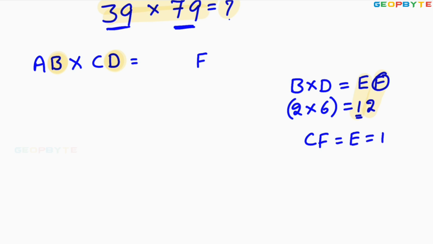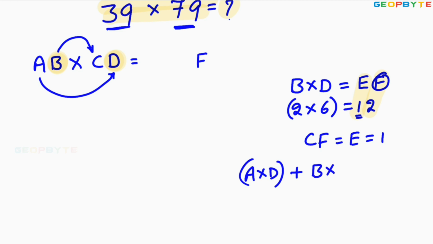Then you multiply A and D and multiply B and C. A into D plus B into C. Add the carry forward. That carry forward for this case is 1. Assume this value is some GH.